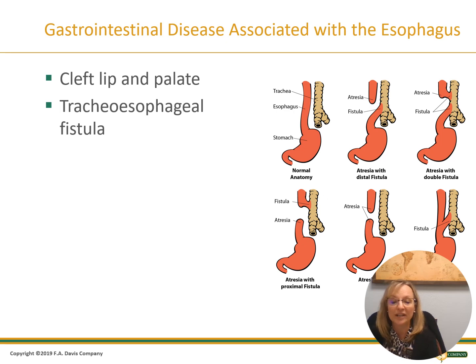Look at that first picture there, you've got your normal esophagus and stomach. In the next one, you've got that atresia with the distal fistula. See how it's at the bottom? Then you've got atresia with double fistula. Then on the left bottom, you've got that atresia with proximal fistula.